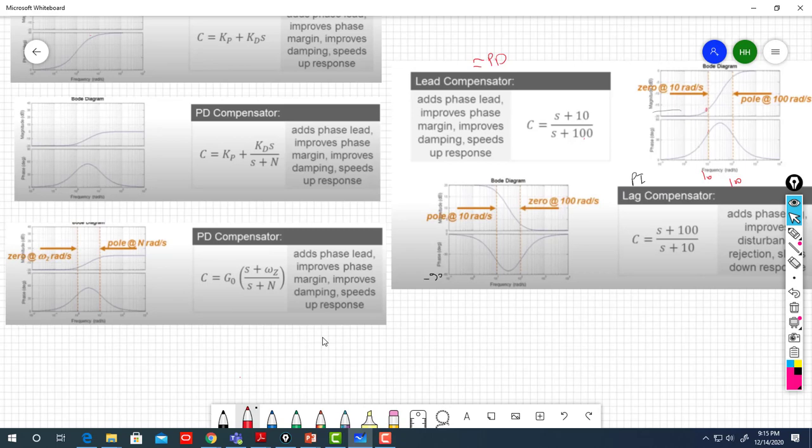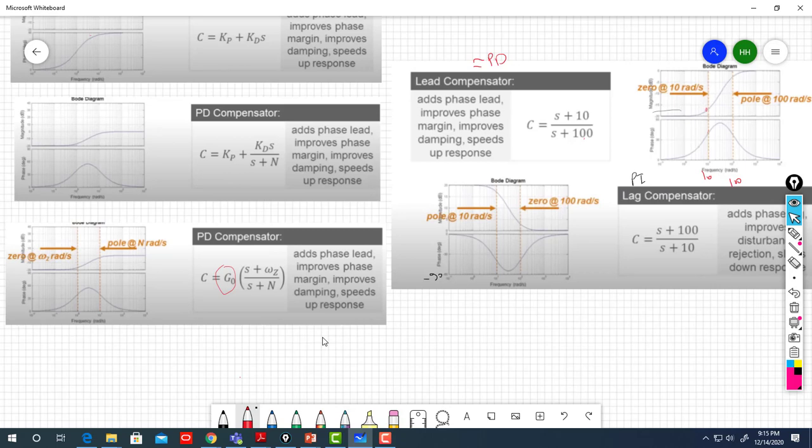And look at the lead compensator, they are actually equivalent. So basically a PD compensator with a low pass filter added on it to cut off the noise at high frequency is equivalent to a lead compensator. So now you can see them. So it is basically the same, right? With the difference of having a gain here. Okay, you can always add a gain to your system.